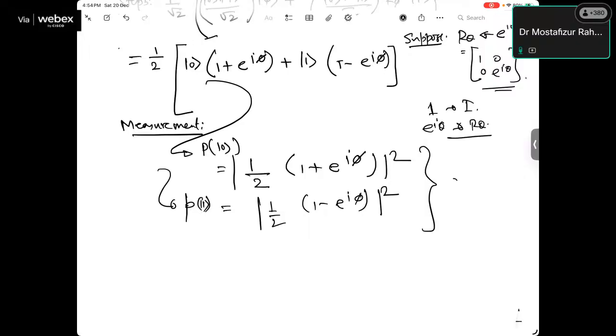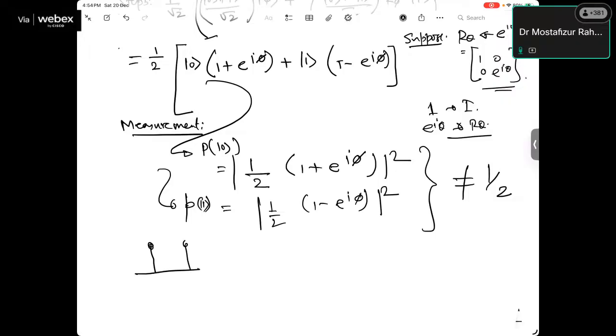And it is not equal to half for each individual qubit, right? So this is called the quantum phase trick, and by this I can potentially manipulate the probability. I can start with something like this.